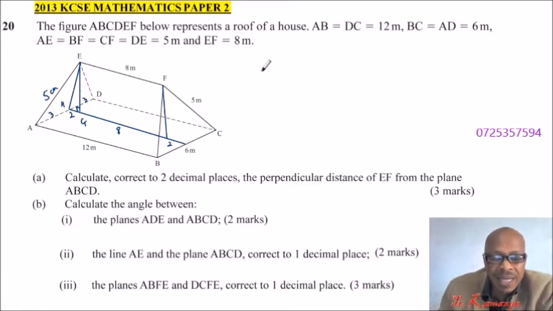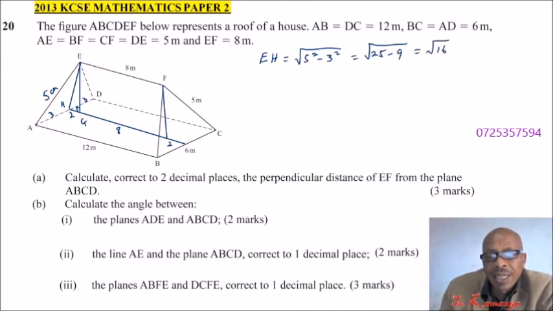So we say EH is equal to the square root, because it is a right angle triangle, of 5 squared minus 3 squared, which is the square root of 25 minus 9, which is the square root of 16, which is equal to 4. So this side here is 4.